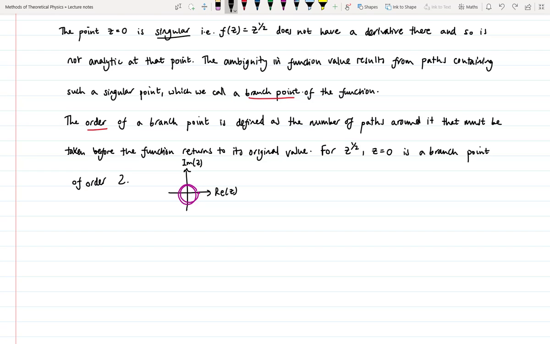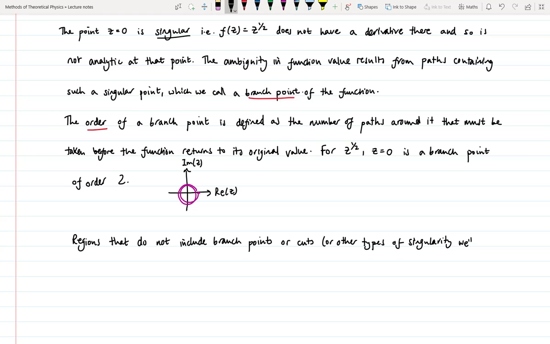A little bit more terminology before we look at some examples to finish. Regions that do not include branch points or branch cuts, or in fact other types of singularity we'll encounter later, such regions are called simply connected.